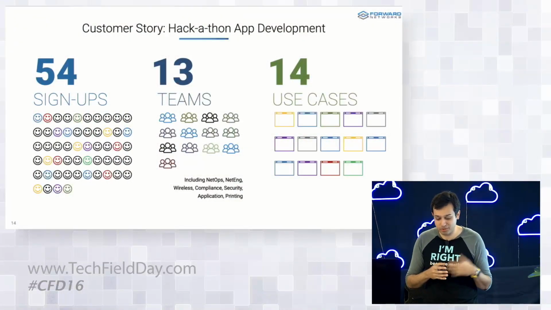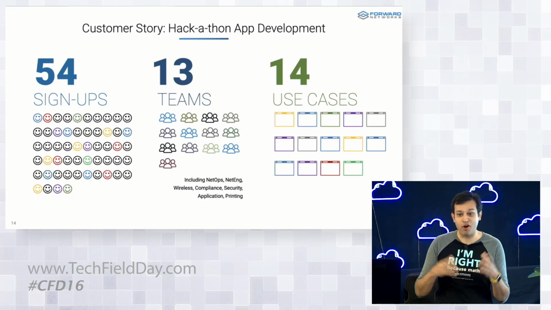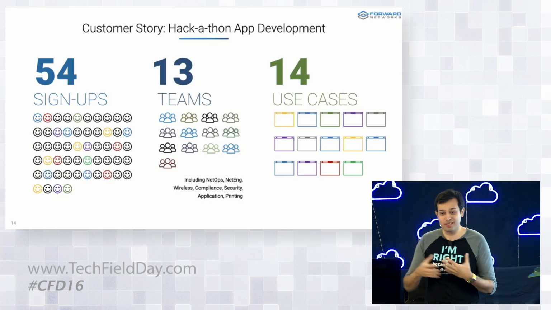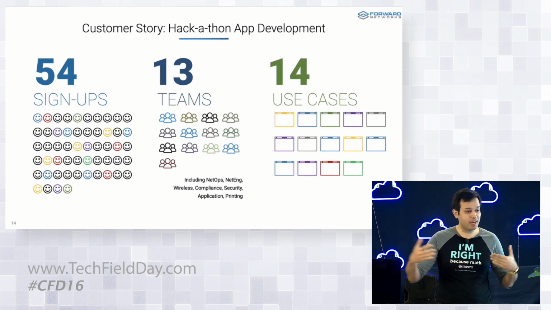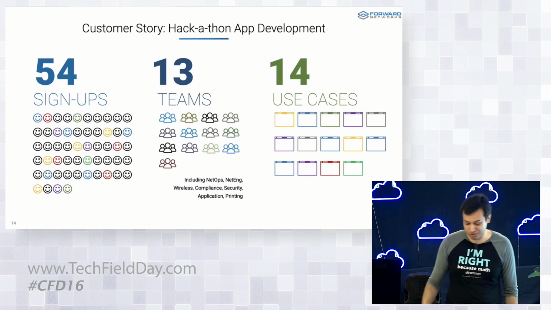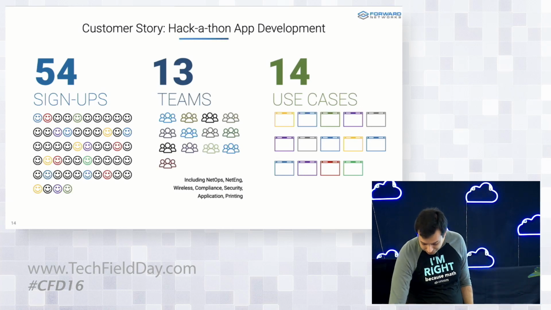So they organized a hackathon, and 54 people signed up across 13 teams. They developed applications on top that are relevant for their use cases, ranging from finding all the printers in an environment all the way to having a change management window workflow implemented on top of the platform.